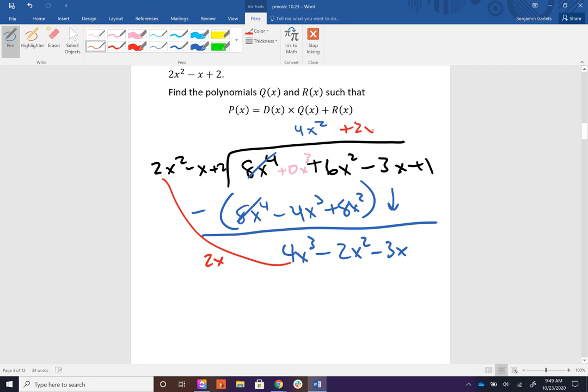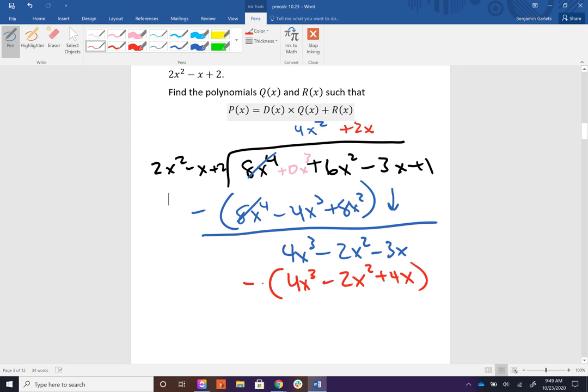So plus 2x, and then we need to take that and multiply it here, here, and here. So let's do that. 4x cubed, that's what we want, minus 2x squared. 2x times 2 is plus 4x.